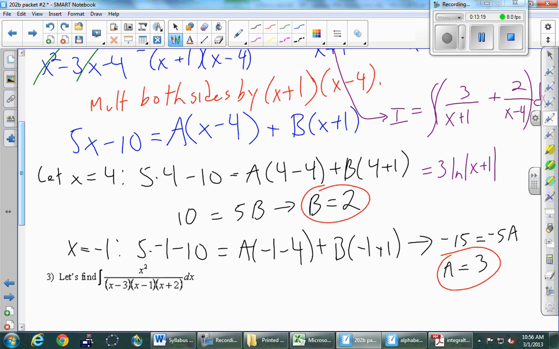We're not writing out the details. I'll write them later on if you want to see them. Plus, and then the second integral. Good. Questions on that? It's done.